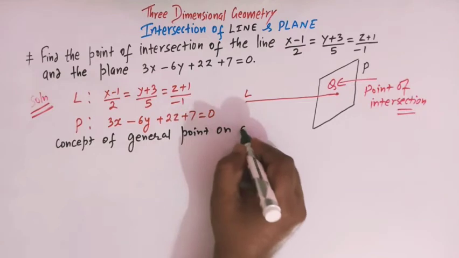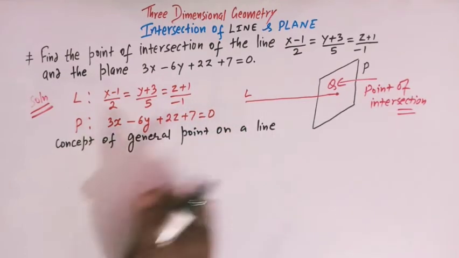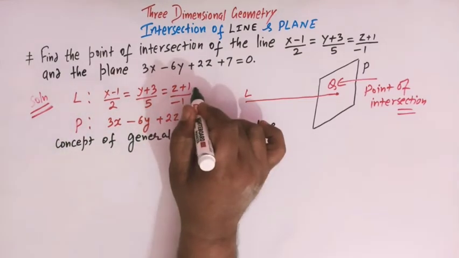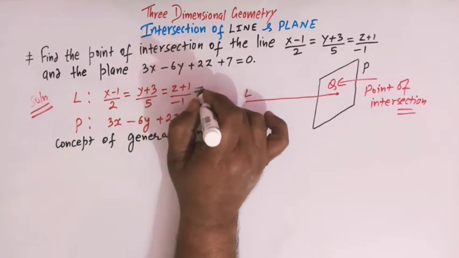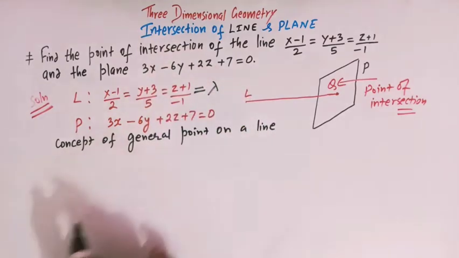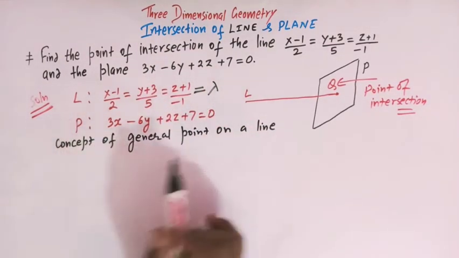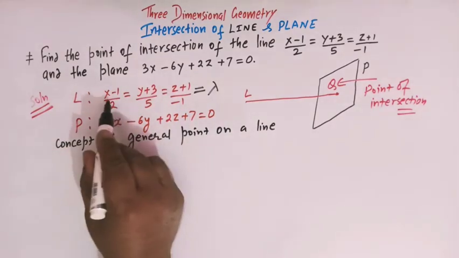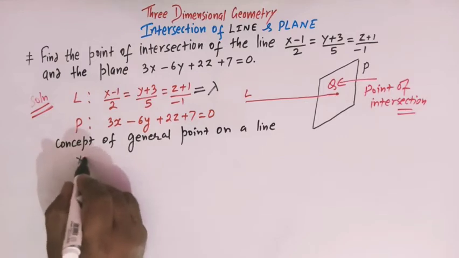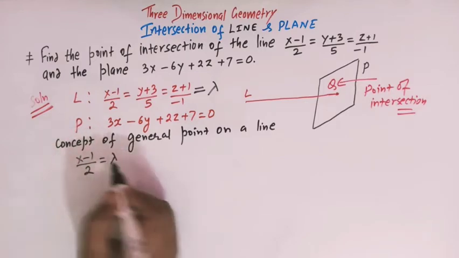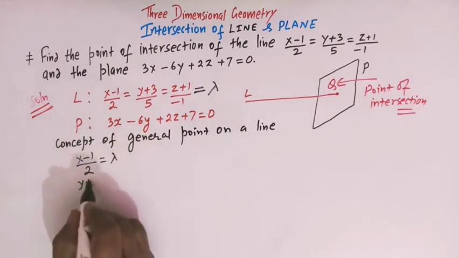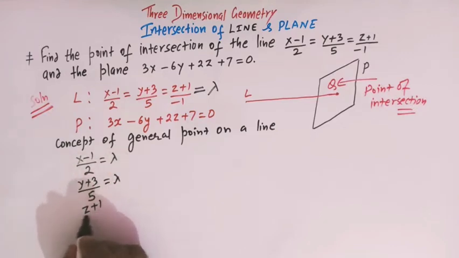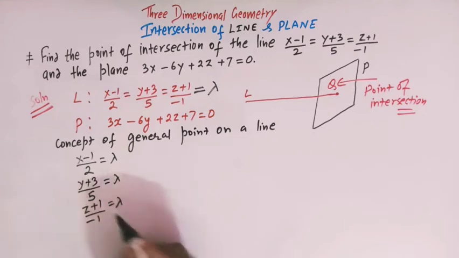We'll make use of the equation of the line, and here we'll take lambda, and find the coordinates of the general point lying on the line. So we have (x minus 1) over 2 is equal to lambda, (y plus 3) over 5 is equal to lambda, (z plus 1) over minus 1 is equal to lambda.